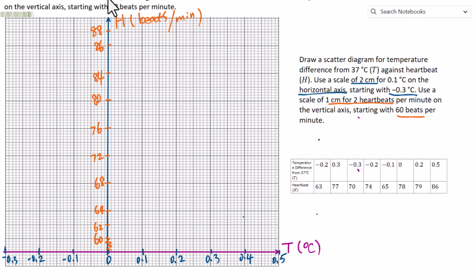In the middle will be 63. 0.3, 77. 76, 78. In the middle is 77. 0.2, 79. 78, 80. In the middle is 79. 0.5, 86.